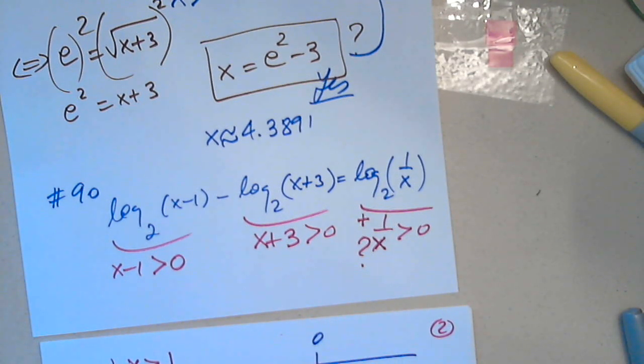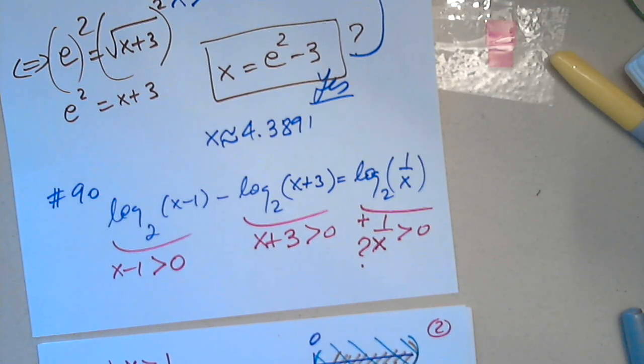So now, in order to find the common domain, I will do this. You don't have to. If you see it, I just need to explain. Greater than 1 is this. Greater than 0 is this. And greater than negative 3 is this.